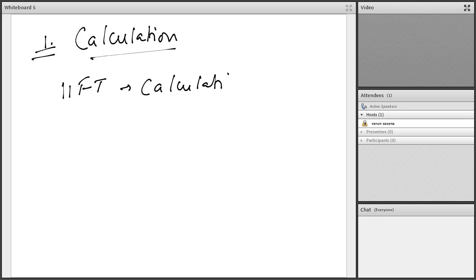Most of the questions in DI in IIFT are calculation intensive.